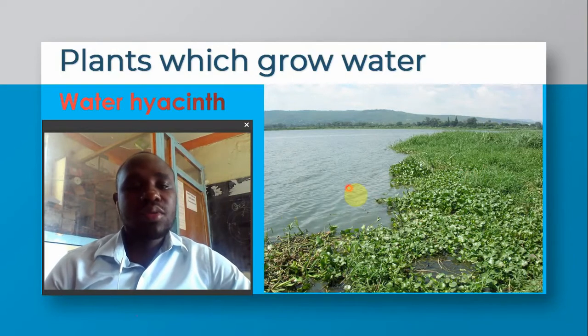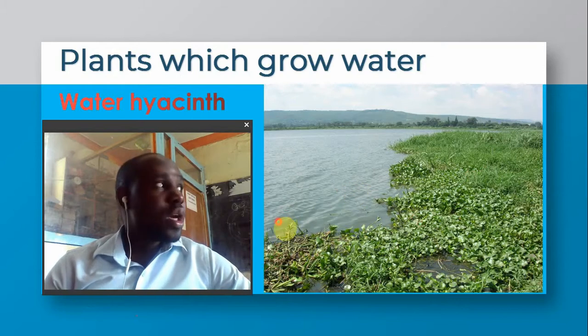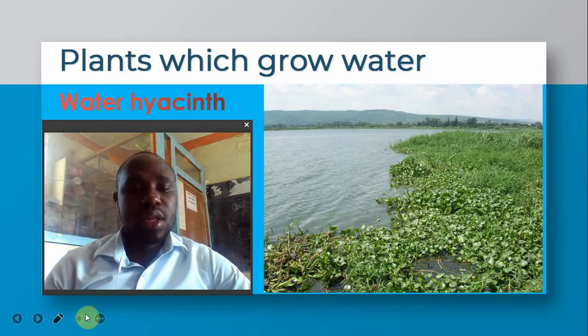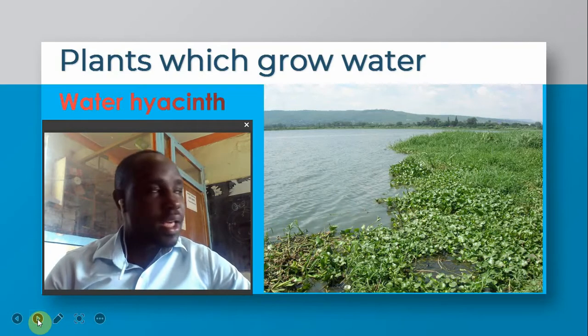These plants which grow on water are so deadly and not good, because they kill the aquatic animals. They kill the animals which stay in water. The fish are unable to breathe well, since this water hyacinth will come and cover the whole part of the lake.